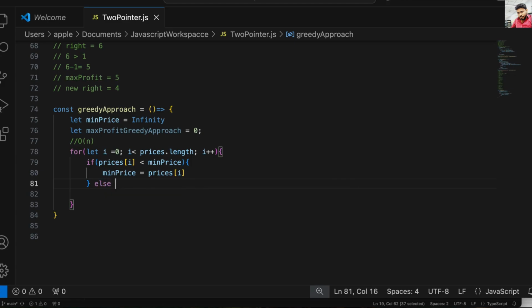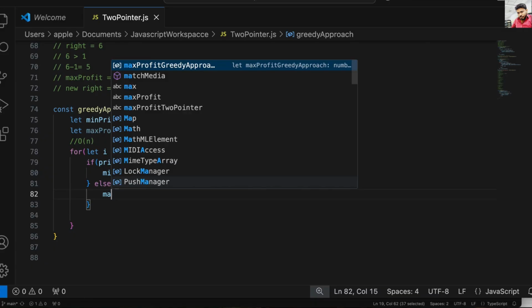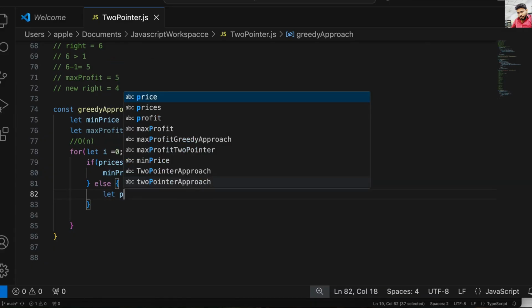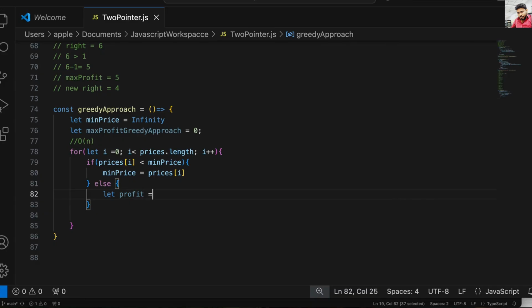Else, we will do the max profit calculation. First we will calculate the day profit, and after that we will check and update the max profit. So that's what I'm doing here: prices of i minus min price.